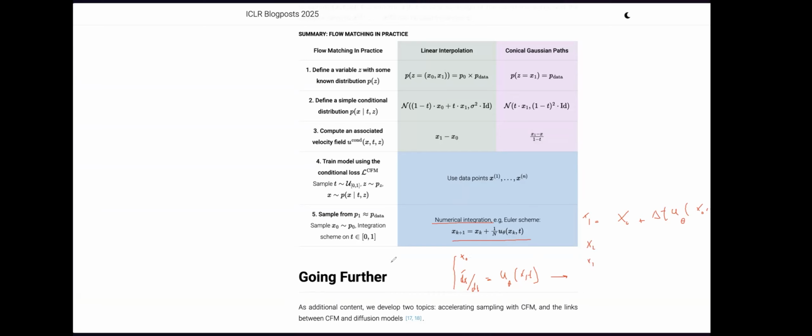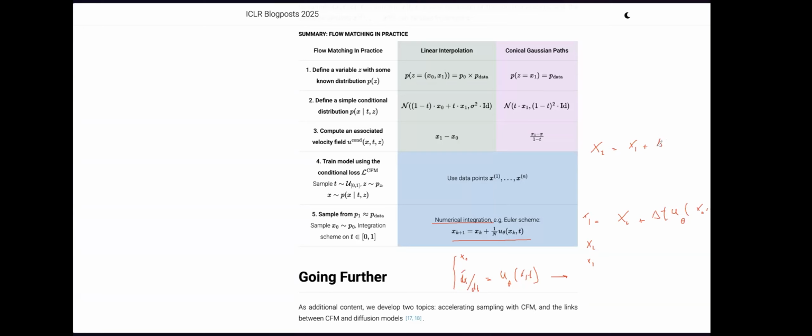This should not be unfamiliar for you because this is very intuitive. If you know the velocity of a car and you know its initial position, the next position x2 can be approximated by saying, okay, where did you start from? You started from x1. How long did you move?